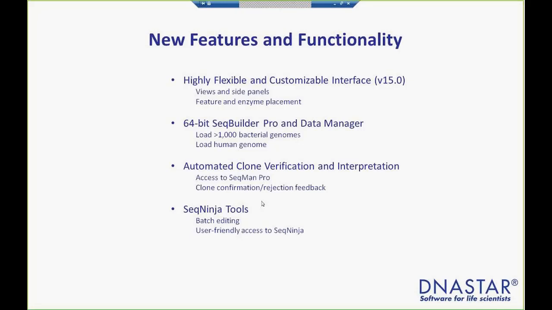And it's going to use our extremely powerful SeqBuilder Pro software, kind of on a seamless under-the-hood connection, run the alignment, and then give you an interpretation of what's happened based on the alignment of those reads. So we're leveraging one of our most powerful pieces of software to align this trace data and then give you feedback as a user as to the integrity of your clone.